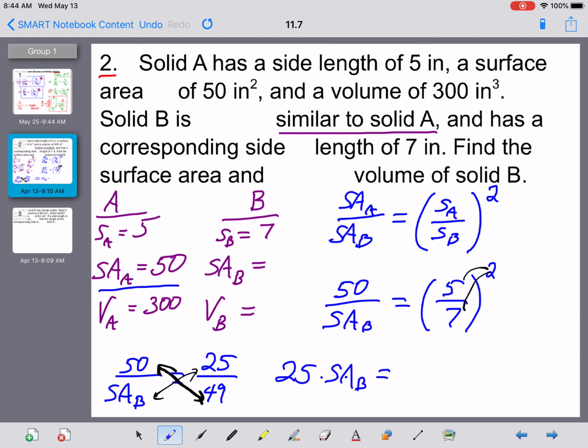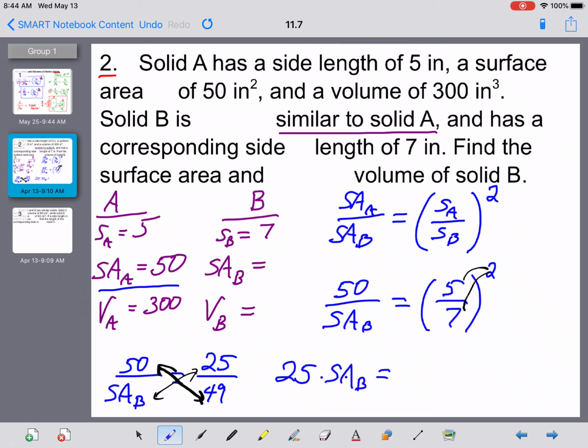And then we're going to divide both sides by 25 and get that the surface area of figure B equals, and I'm going to type in that 2450 divided by the 25, and it's going to get us 98. Units for surface area we were talking about before were square inches, so same units right here, and we get 98 square inches for the surface area of figure B. Okay. Half done with that problem.